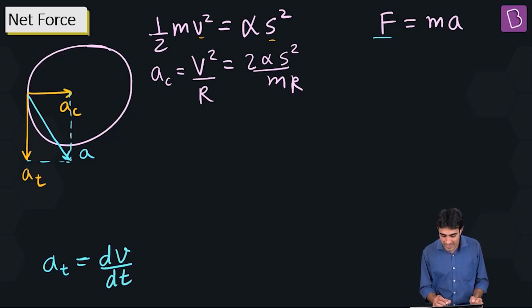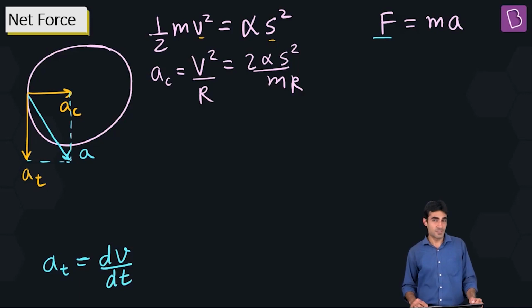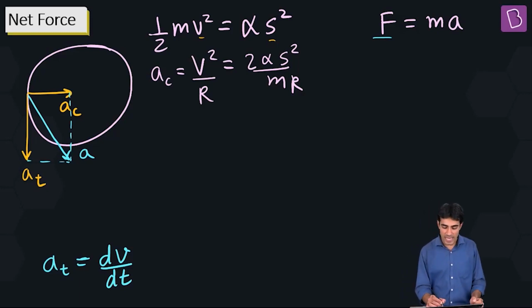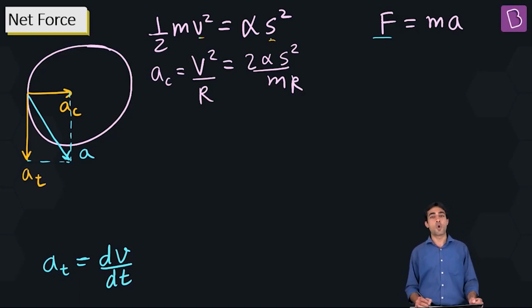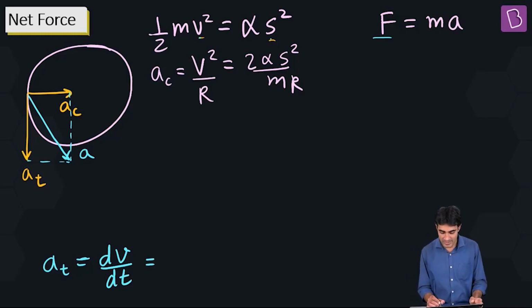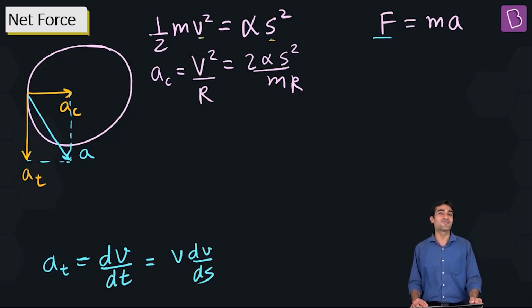So this is dv by dt. But we know how the speed is changing with distance covered. Okay, no problem. We can have some other formula also. We can write this like v dv by ds. Oh, now we can find AT. Great. So let's go on a mission of finding AT.